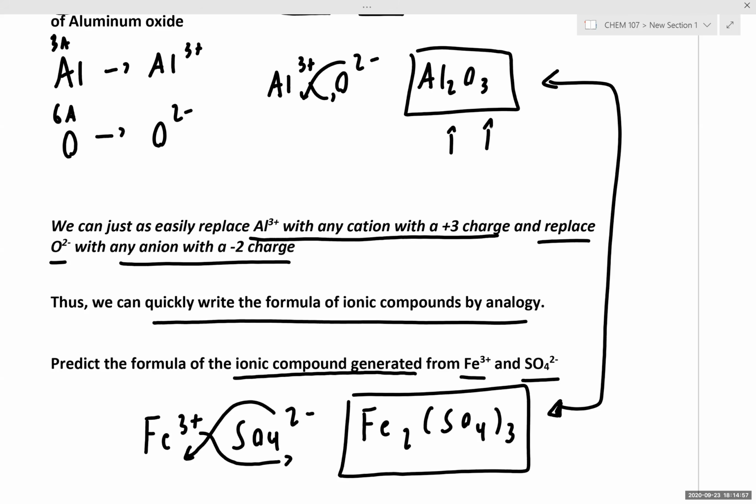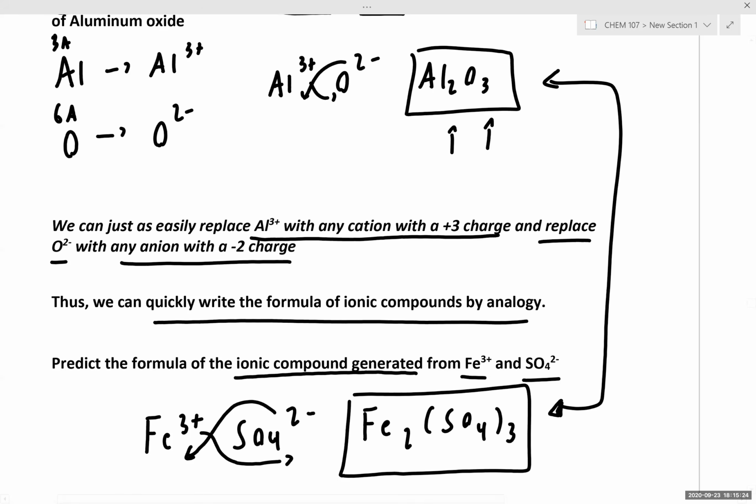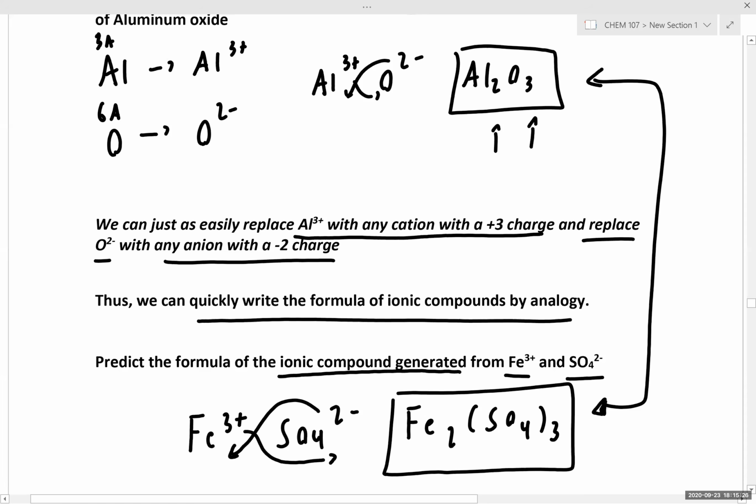So essentially, if you've solved one example for a given cation and anion charge, you've solved all of the examples because the problem-solving process is going to be exactly the same and the general formula is going to be exactly the same. So that's why I strategically chose the examples that we covered to address most of the common cation and anion charge combinations. Pretty useful when you start thinking about things in a general sense.